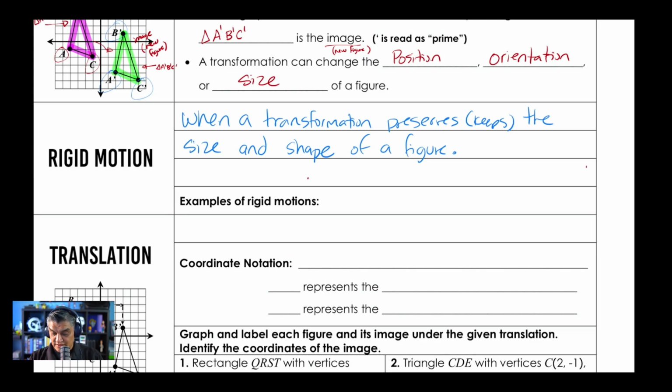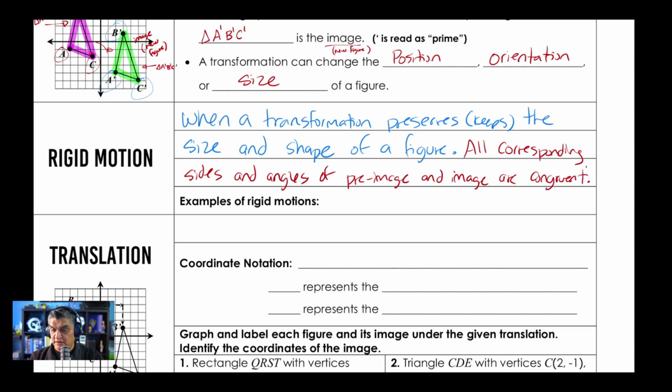So what are we going to say? Let's put this in red. So that means all corresponding sides and angles of the pre-image and image are congruent.